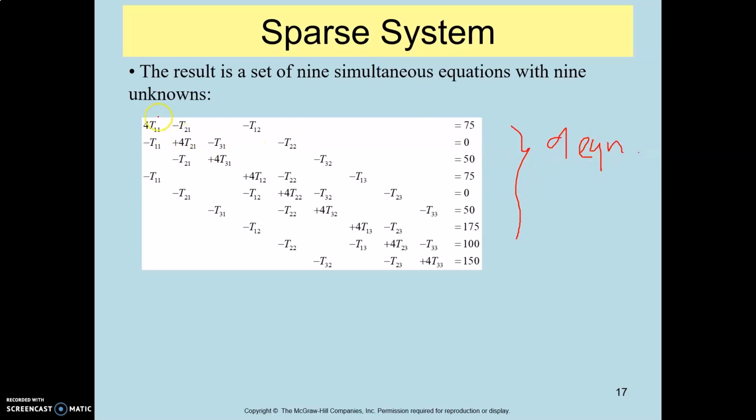And then, if you count 3, 4, 5, 6, 7, 8, 9, you have 9 unknowns to be solved. And we can use the matrix approach to find our T here.